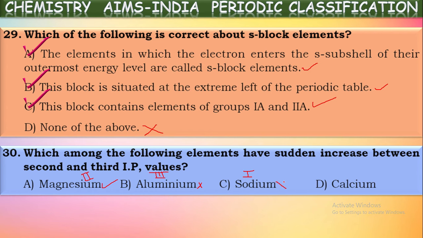Okay, this is also incorrect. If we see calcium, it is also a second group element, so it also has two electrons in its valence shell. So it will also have a sudden increase between the second and third IP values. Okay, now the correct answer is these two, calcium and magnesium, because they belong to second group, right?